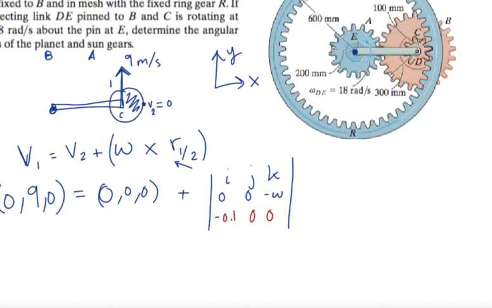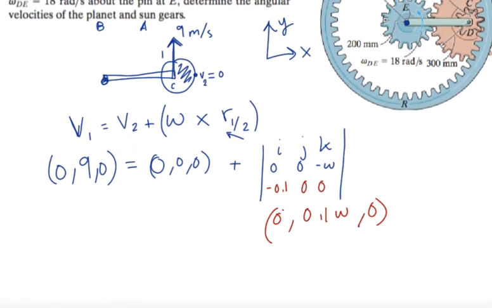Once you cross product that, we should get 0i, then negative j times 0 minus 0.1 omega, and then 0k. So that vector would just end up being 0, positive 0.1 omega, 0.